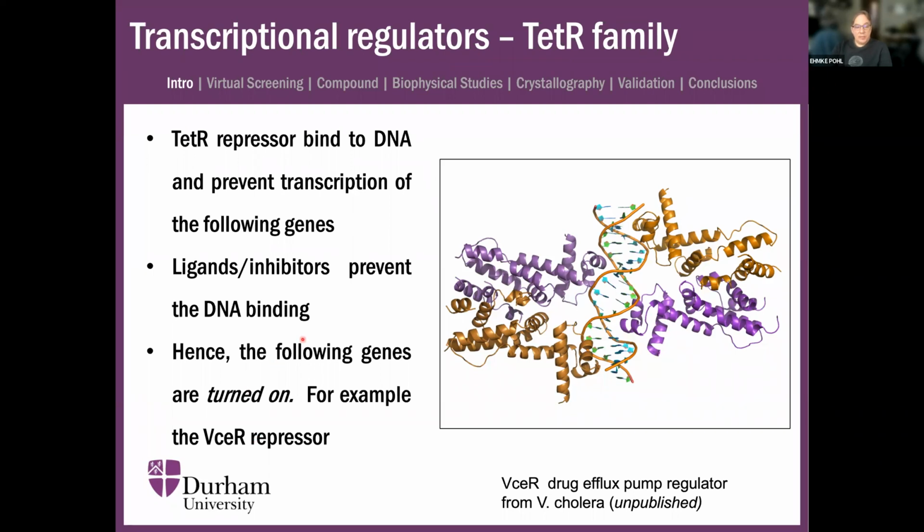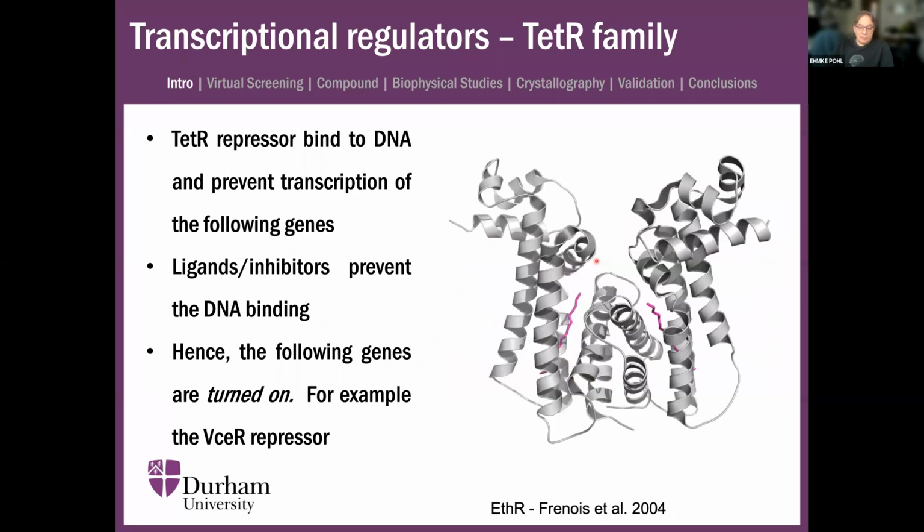So what you need to remember is that we're looking for ligands and inhibitors that prevent DNA binding, because once the ligand binds, the ligand inhibits the DNA binding activity, the DNA becomes available, and the genes are expressed. Almost 16 years ago, the group in France who was working on this solved the first crystal structure of ETHR, which is shown up here.